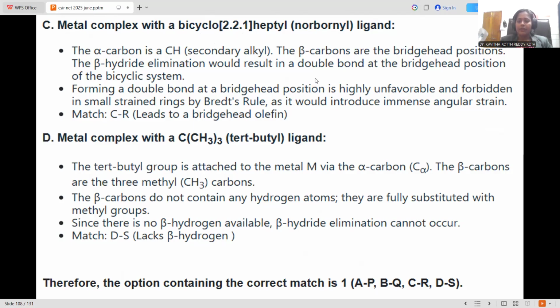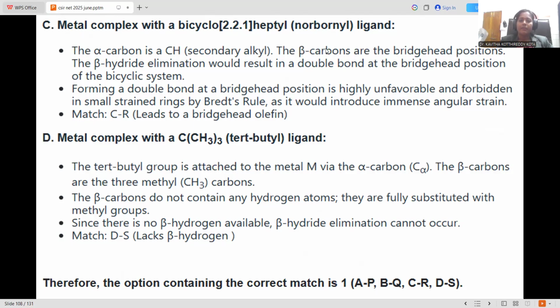Here, as we are already aware, requirement number 4, Bredt's rule, must be satisfied in order to go for the beta elimination reaction. Bredt's rule means that if a bridgehead carbon participates in double bond formation, that kind of beta elimination is totally prohibited. That's the reason why.